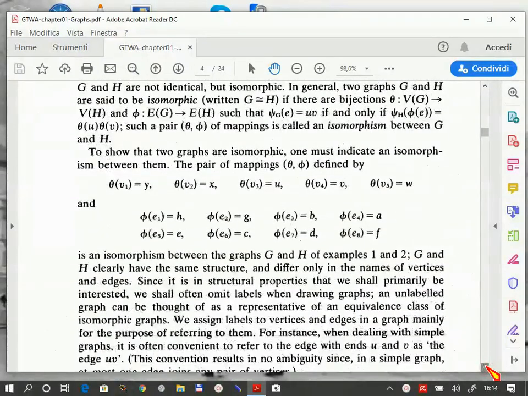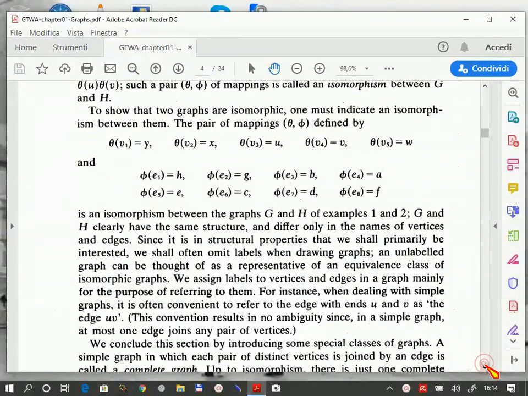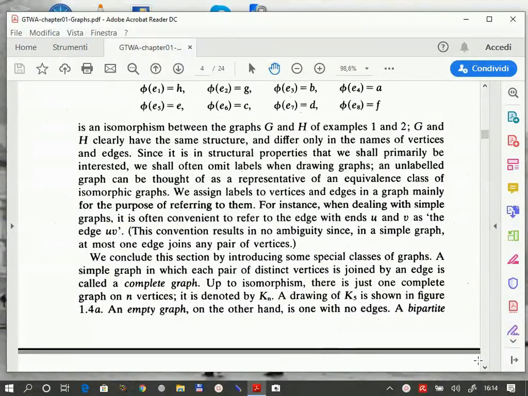They have the same structure, so this is important in simulations.